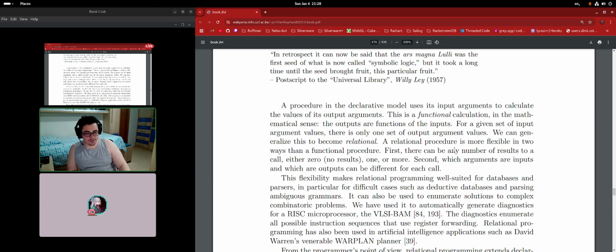So a relational procedure is more flexible in two ways. First, there can be any number of results to a call, either 0, 1, or more. First of all, we need to put a slight asterisk on this sentence. Because you may say, oh, you can actually return multiple values in a functional way as well.